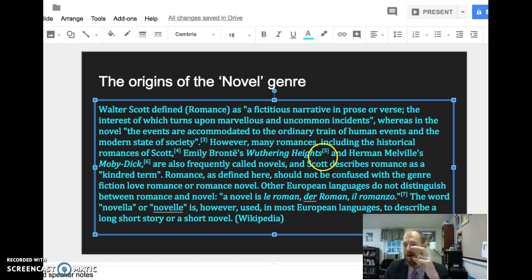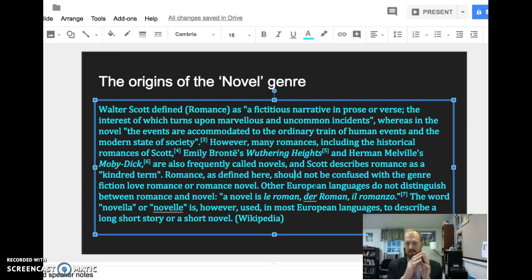There are still some novels that take on elements of the romance, in that they have an air about them that is sort of maybe magical or mysterious, uncanny. So I'll just try my best to organize all of these things.